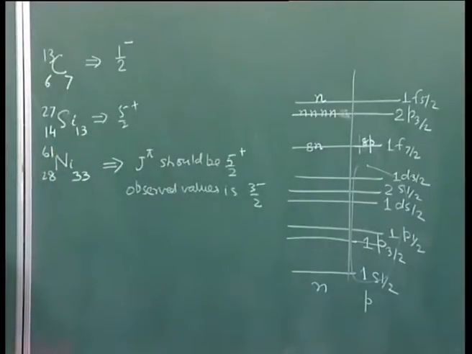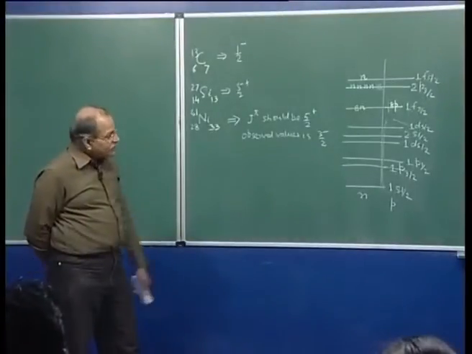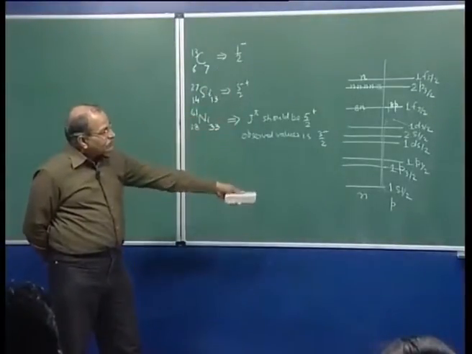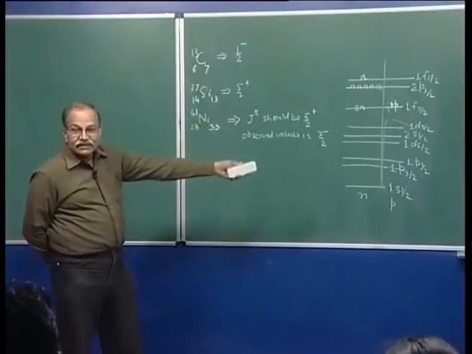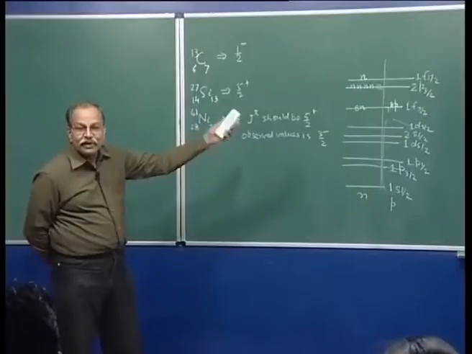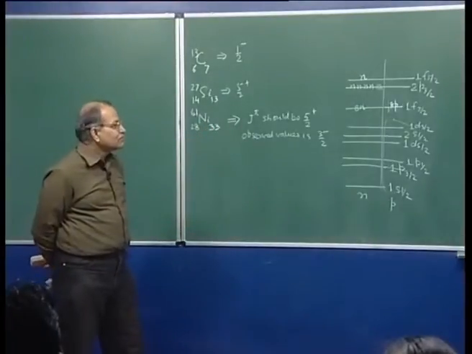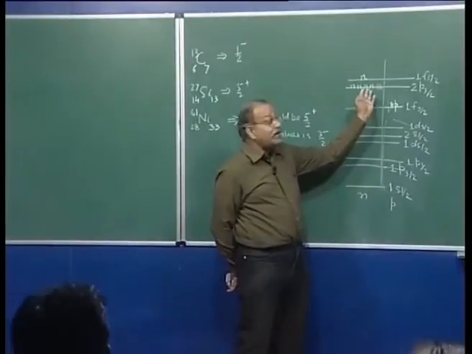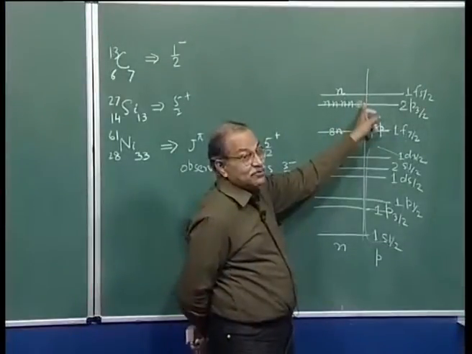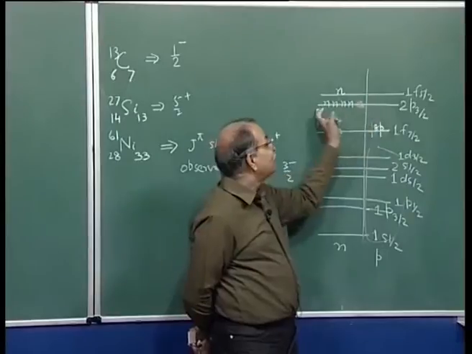How can I get this 3/2 minus as the ground state? Can you see a 3/2 minus in this scheme, where an odd neutron should be there to give you 3/2 minus? 2p 3/2. You have 4 neutrons here. If you have 5 neutrons here, it will give you 3/2 minus, but 5 neutrons cannot come.